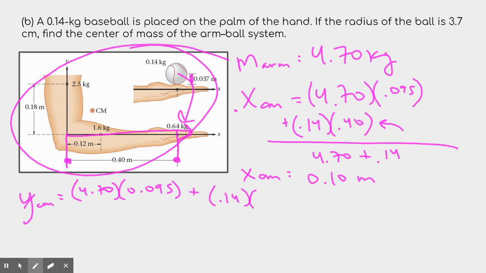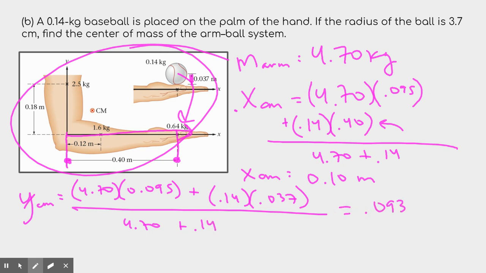It's this far away from the hand, 0.037 divided by 4.70 plus 0.14. Do that math, you'll find 0.093 is that position. So if I wanted to plot this, it would look like so. Okay, so that's my x direction, that's my y direction, my x and y component. Okay, that's the center of mass problem.